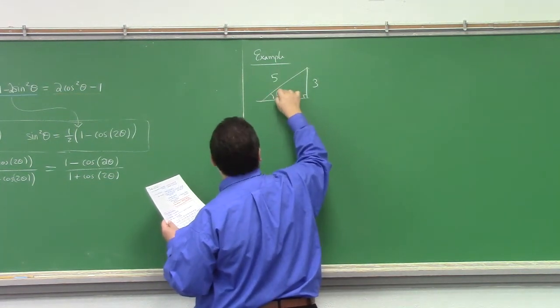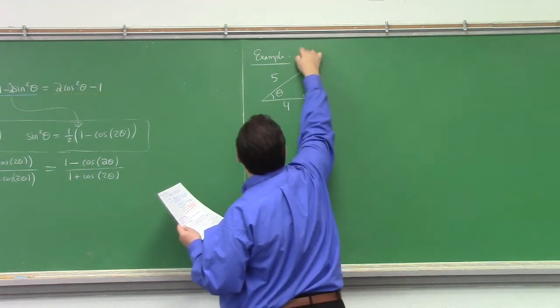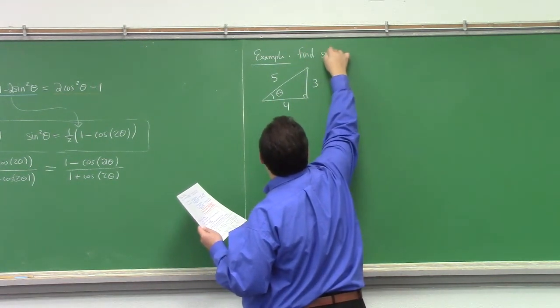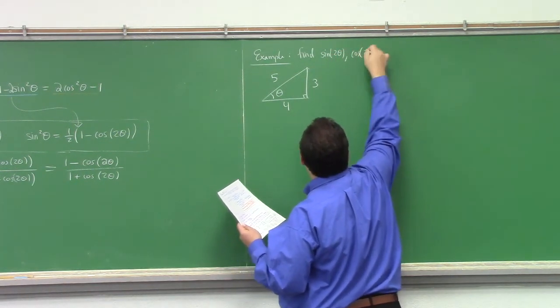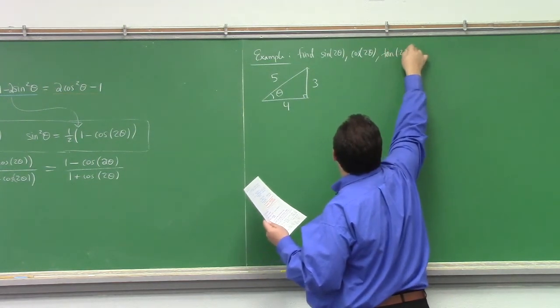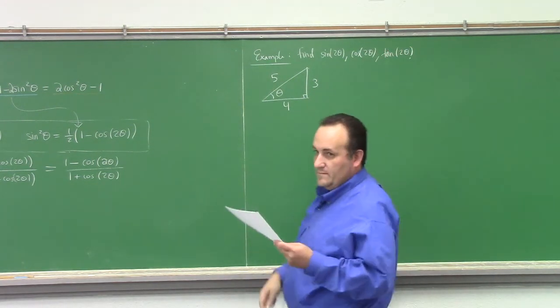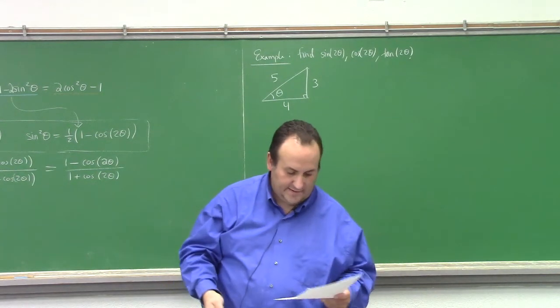And here's angle theta. Now the question is to find sine 2 theta, cosine 2 theta, and tangent 2 theta for this triangle. Well, not for the triangle, but for the related angle of 2 theta, right? The triangle has angle theta in it.